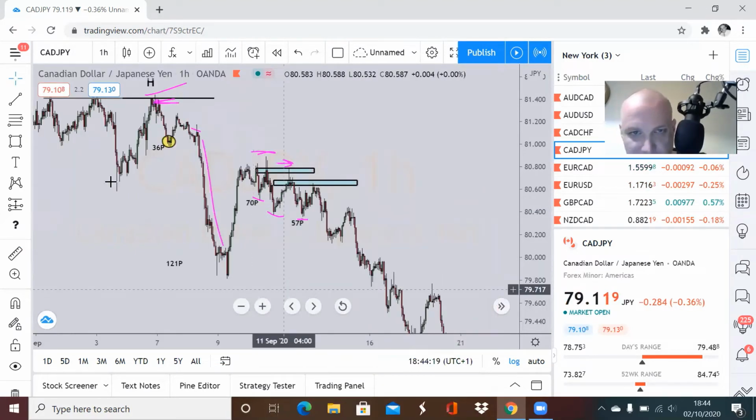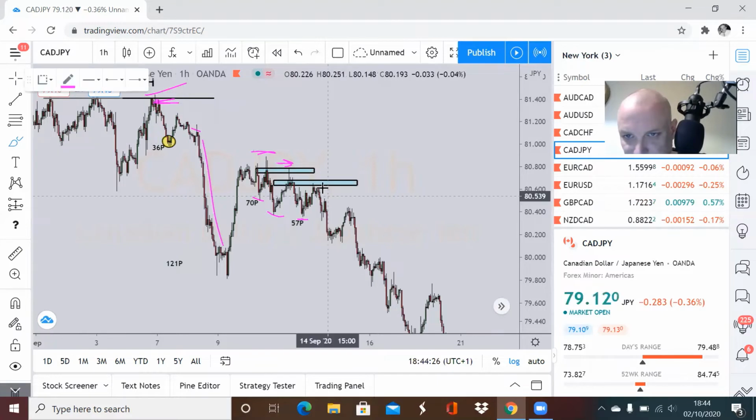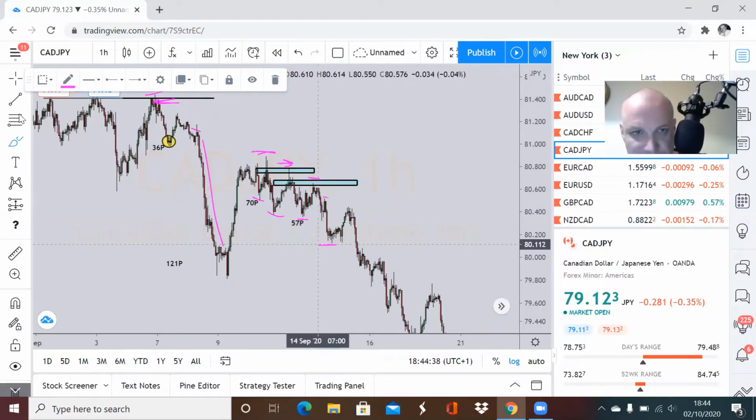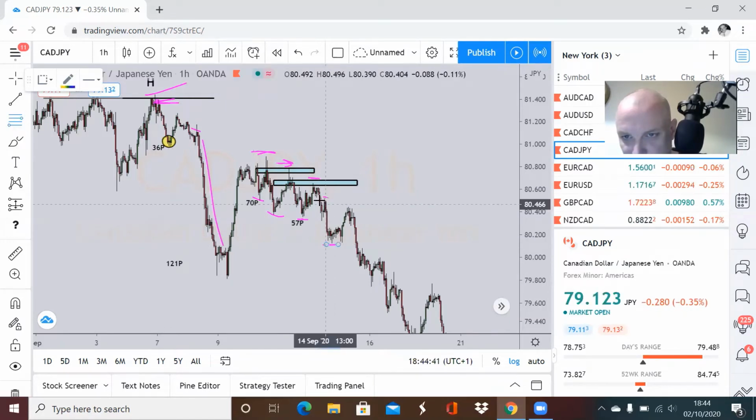Okay, let's get the next swing. So this is the new high. Didn't get a break of structure to here, so we'll miss that out. We've got one here. Broke a structure from there. Break out your fibs.